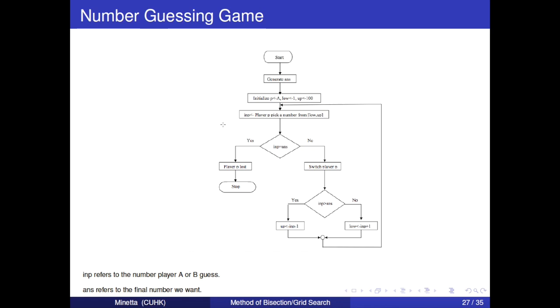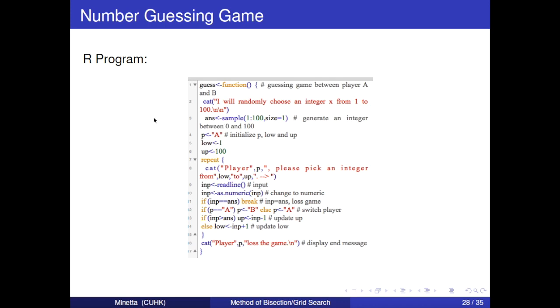It surely uses the bisection search method, but there are some changes. The guess is not compared with the midpoint, but a random number in that interval. And here is our program of the number guessing game. If you are interested, you can type it down to play it.